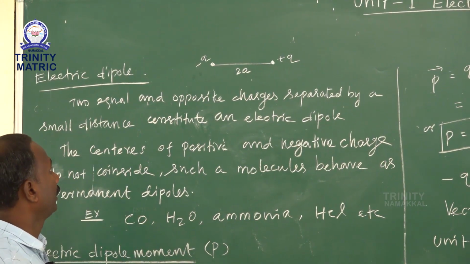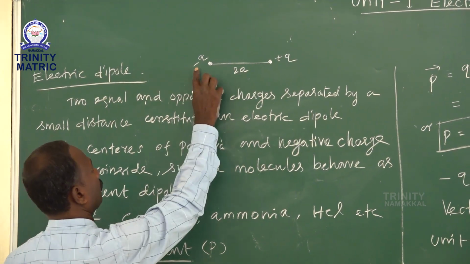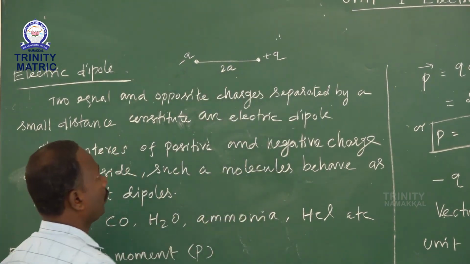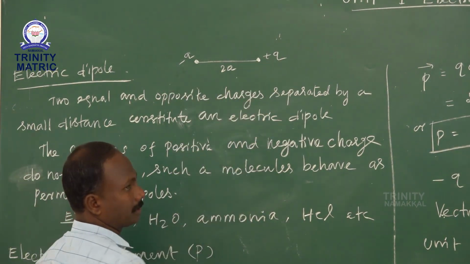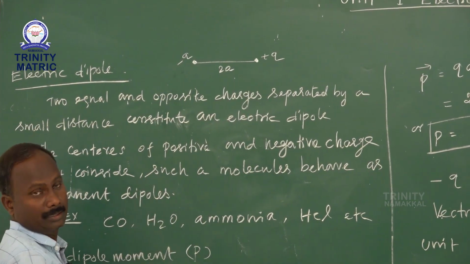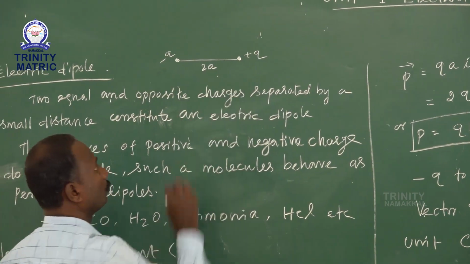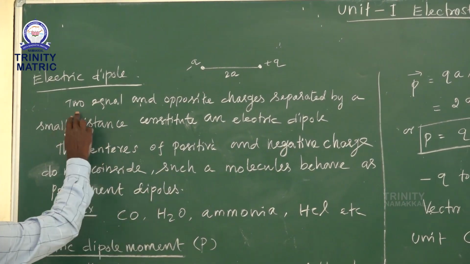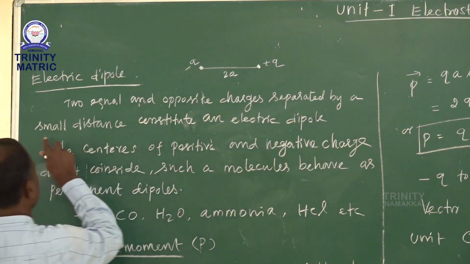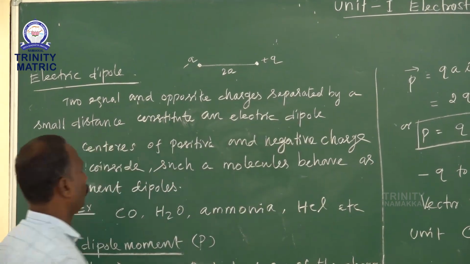See here, minus q and plus q, two equal and opposite charges separated by a very small distance. The distance between minus q and plus q is 2a. The two equal and opposite charges separated by a small distance constitute an electric dipole.